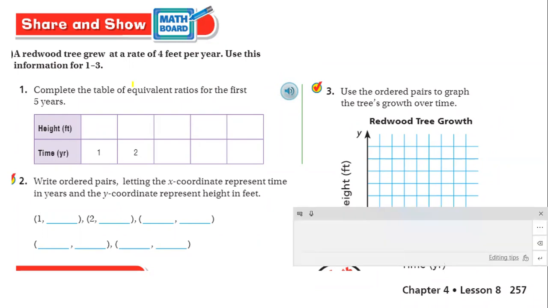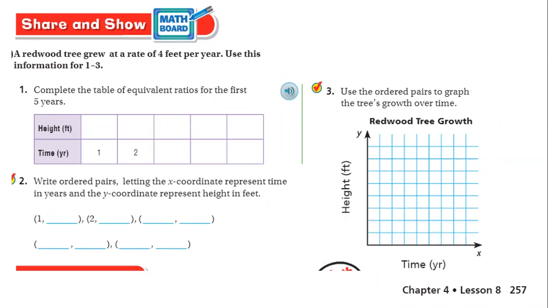Sir, I cannot write in the chat. I write it in my book. Okay. Tell me the answer here, please, after reading the question. A redwood tree grows at a rate of 4 feet per year. Use this information for 1, 2, 3.